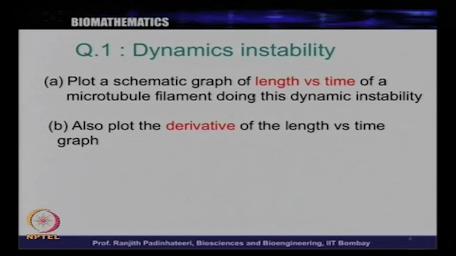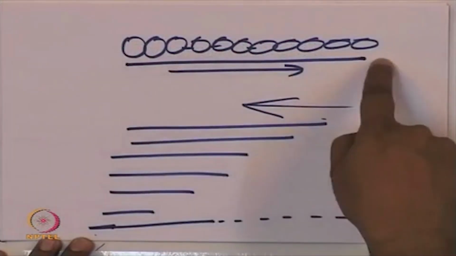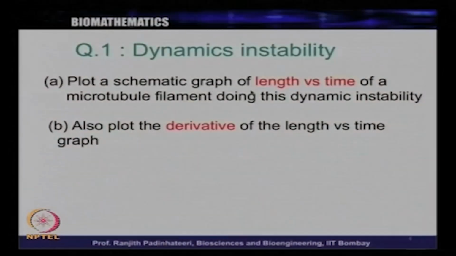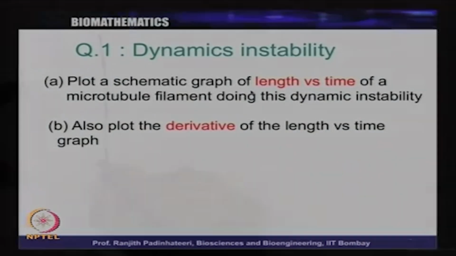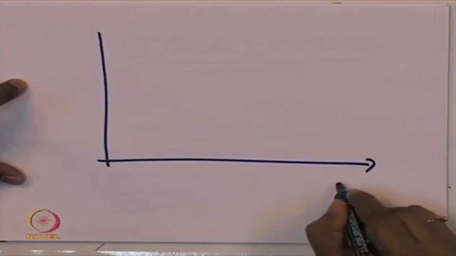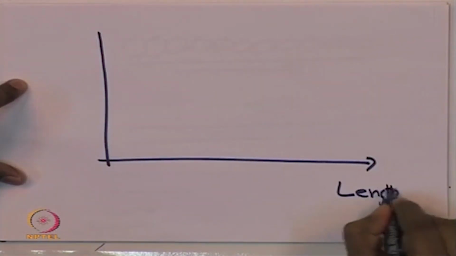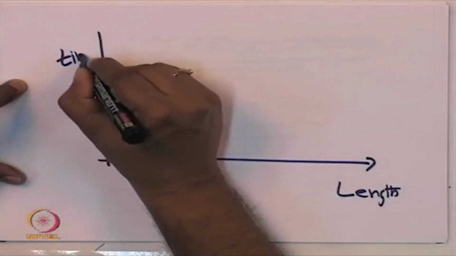Can you plot length versus time of a microtubule? From what we said, you know that the length increases then decreases, increases, decreases. So what we need is to plot length versus time.